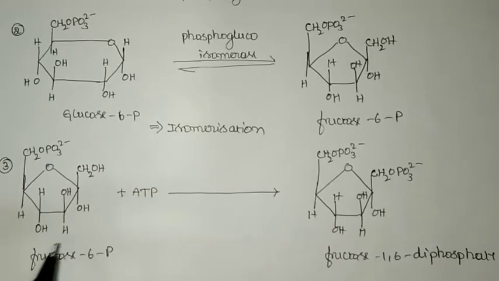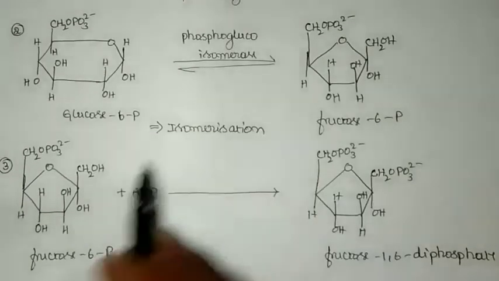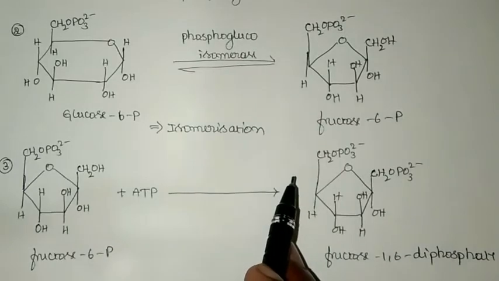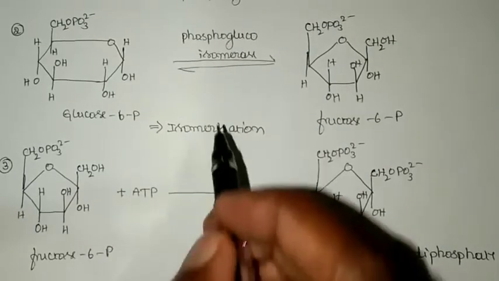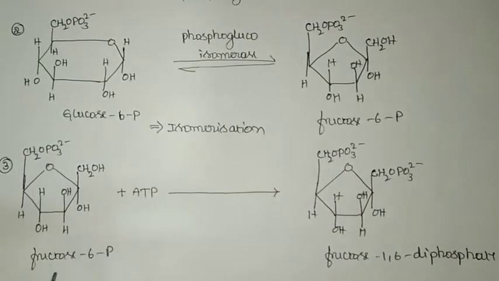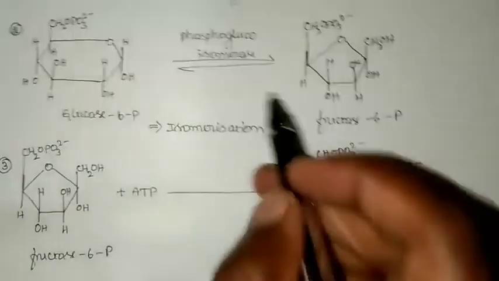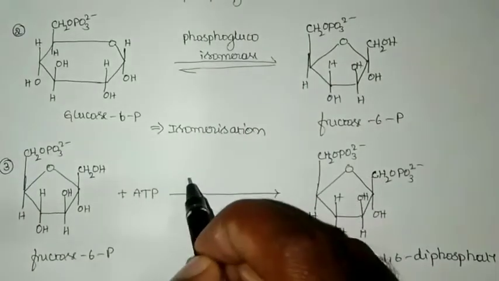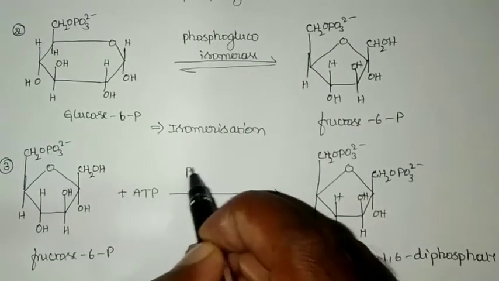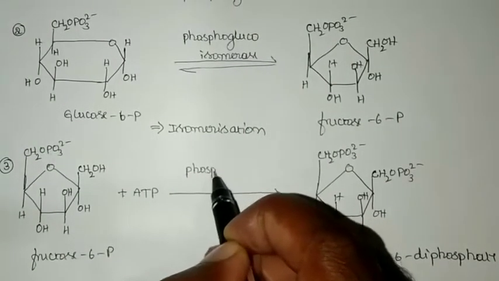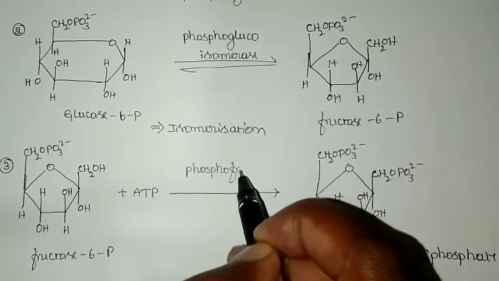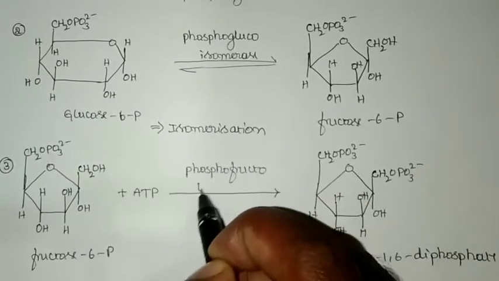And here for the enzyme required, fructose 6-phosphate is undergoing phosphorylation. So for the phosphorylation process the enzyme required is kinase, so phospho form of fructose, and the type of reaction is phosphorylation. So the name of the enzyme utilized over here is phosphofructokinase.